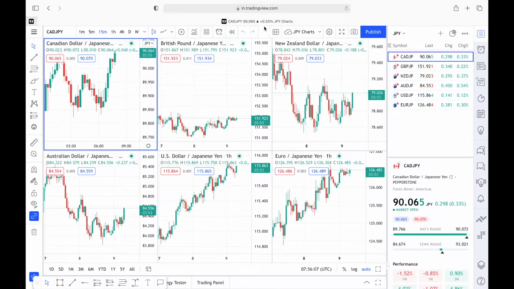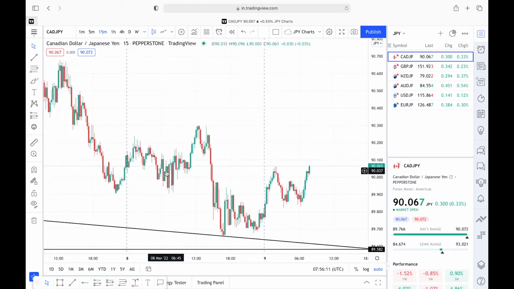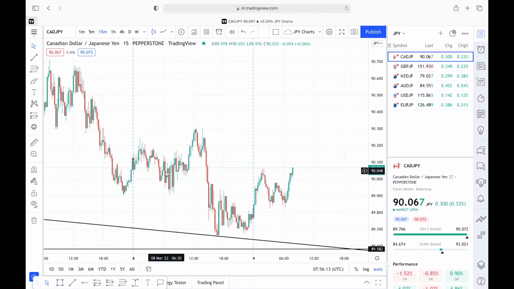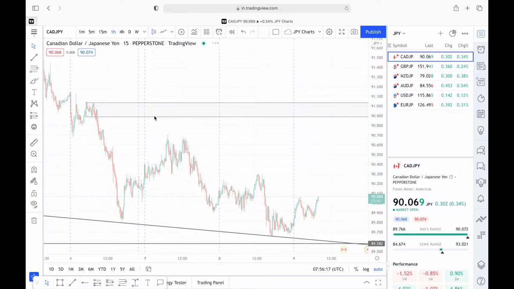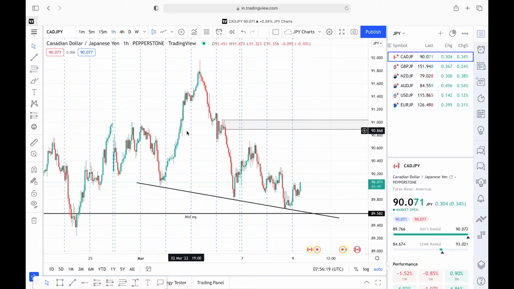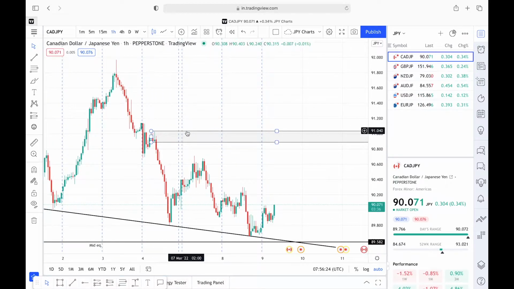So let me start with CAD JPY. This is CAD JPY. So let's see, level broken.